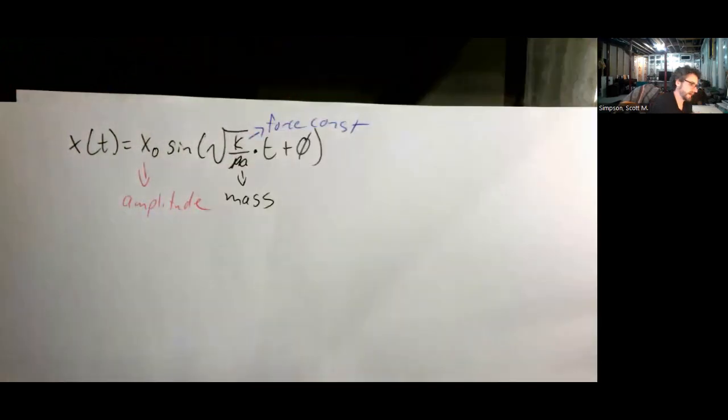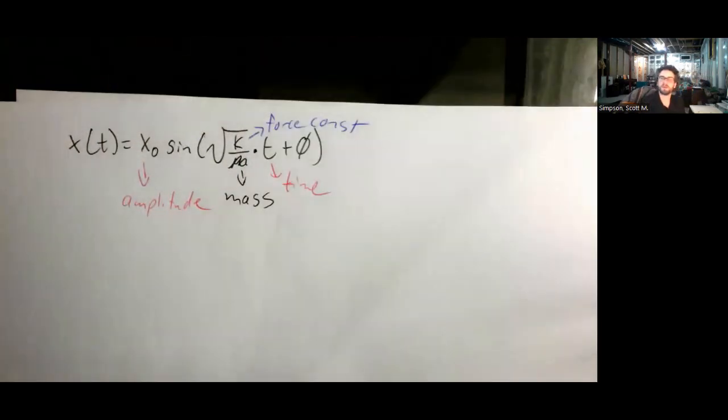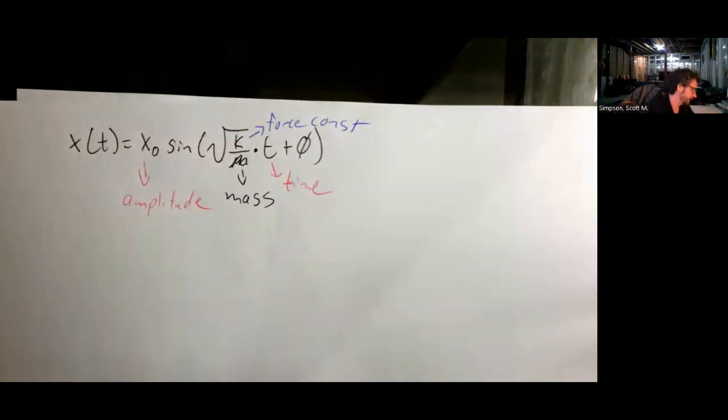T, of course, is time. And this phi is a phase factor. Okay, so that's not the most important aspect to what's going on here. This you can get out of classical physics, but we still haven't gotten a value for that K yet.